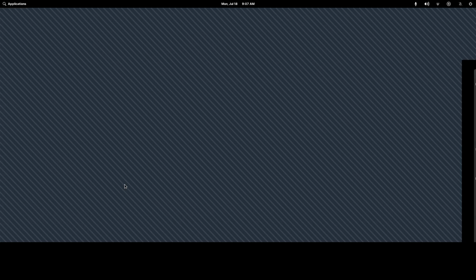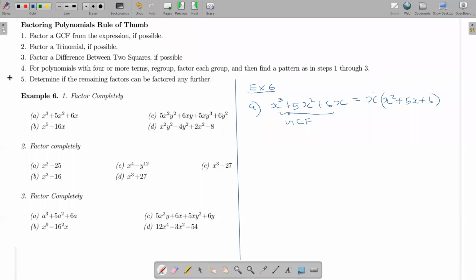So here I use this method. It's 3 terms, so I can have it like x, then x plus 2 and x plus 3. That is the factoring of this. I cannot factor these further, so I call them the prime ones. This one I cannot factor further, so I stop.